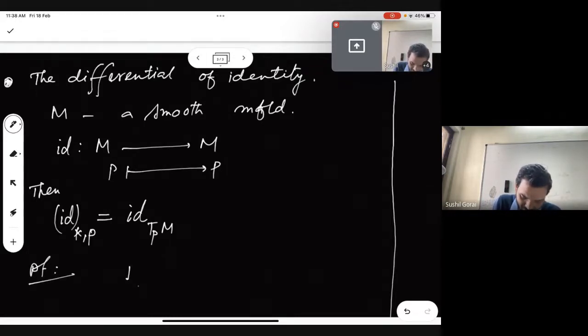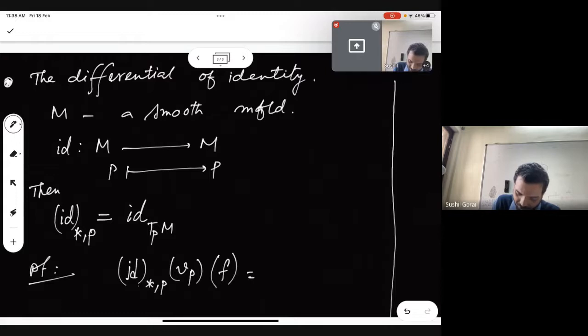So the proof is simple. So identity star P acting on VP, and then you act on some function F. So what would be VP? F compose identity, which is VP of F, right?